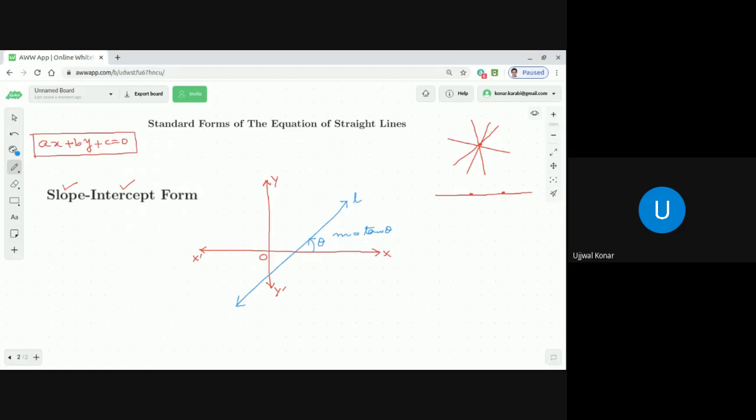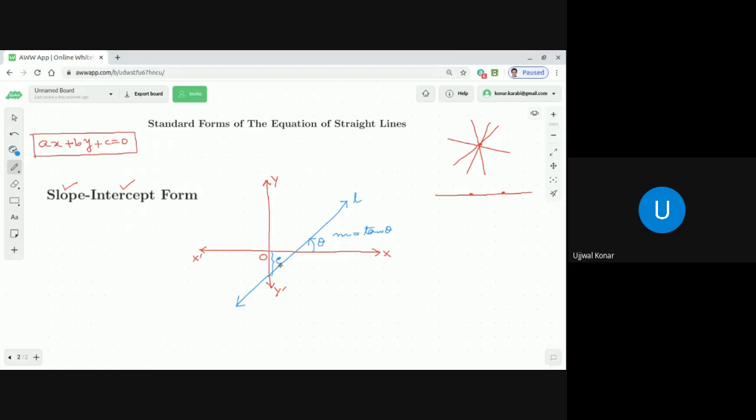And the intercept here means the y-intercept. That means how much portion is actually being cut off on the y-axis. This is generally denoted by c. So there are two pieces of information, dear students. One is m, the slope of that straight line, and the second is the y-intercept, that is c.